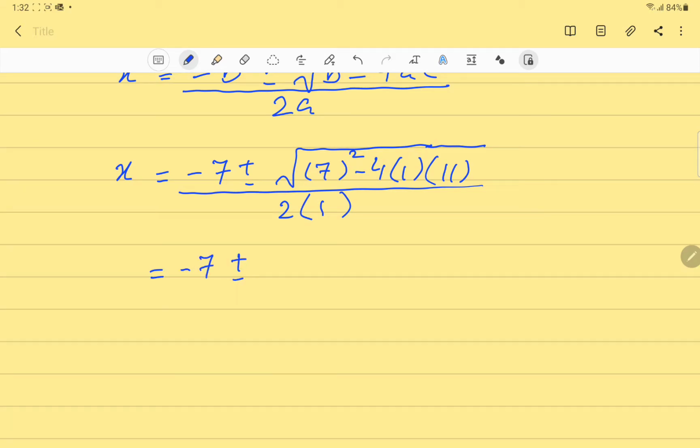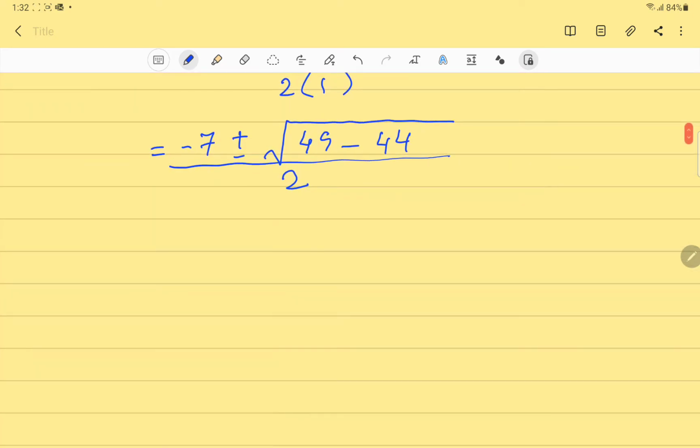Minus 7 plus minus square root of 49 minus 4 into 11 is 44, over 2. Minus 7 plus minus square root of 49 minus 44 is 5, over 2.